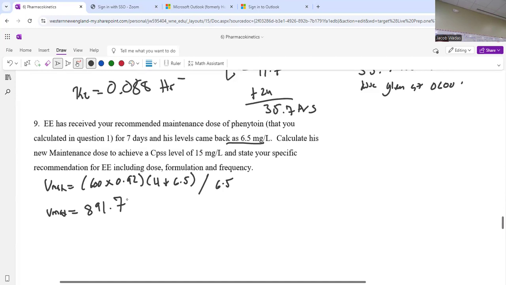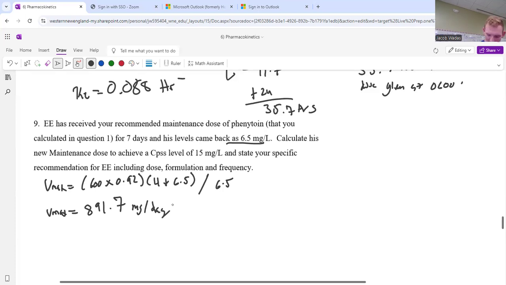Milligrams per liter? He has it as milligrams per day. Is it milligrams per day? Yeah, Vmax is mg per day. Okay, mg per day.